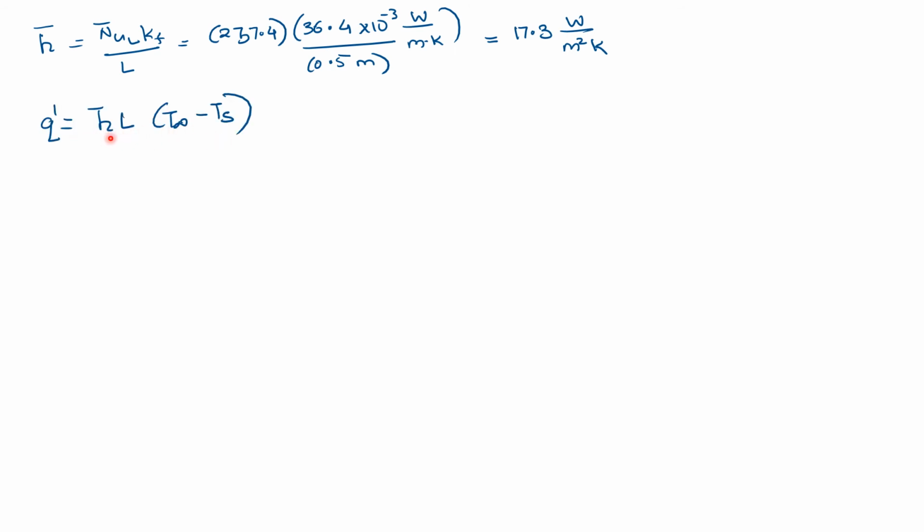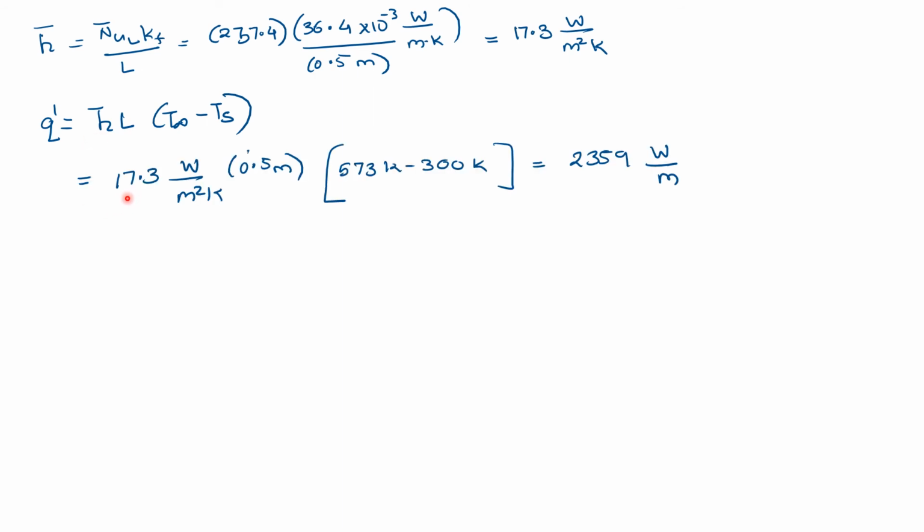Substituting that in Newton's law of cooling, we get heat transfer per unit length as 2359 watt per meter. This is the h that we've calculated, L that is given, and the temperature difference in Kelvin that was also given in the problem.